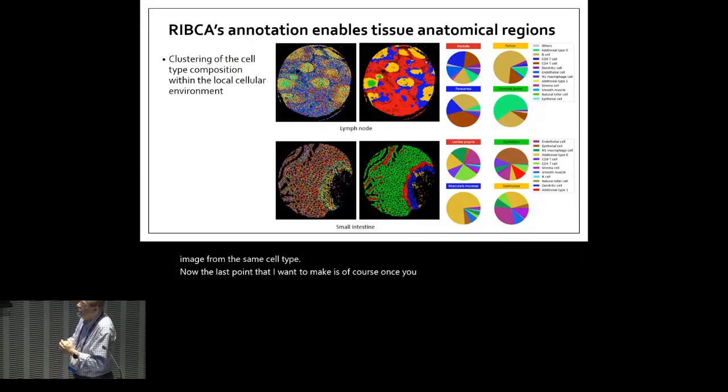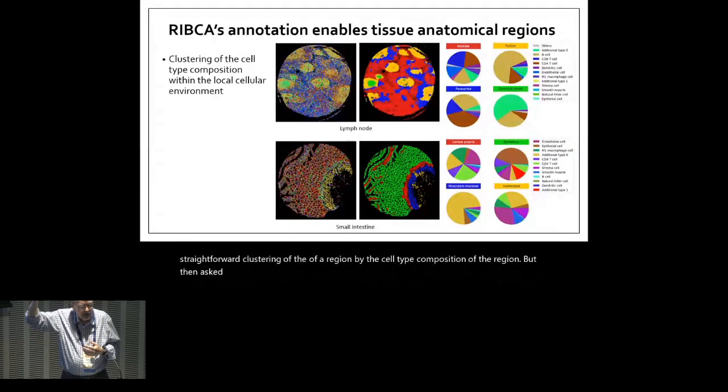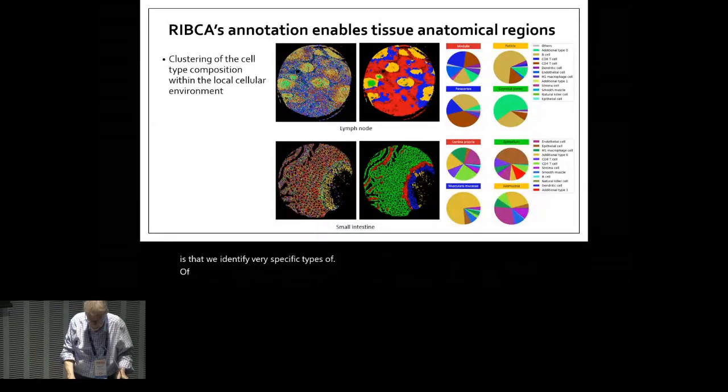In this case, what we did is straightforward clustering of a region by the cell type composition of the region, but then asked expert human annotators to say what that orange region I'm showing here as a cluster is. And what you can see is that we identify very specific types of structures that are known to be present in those tissues.